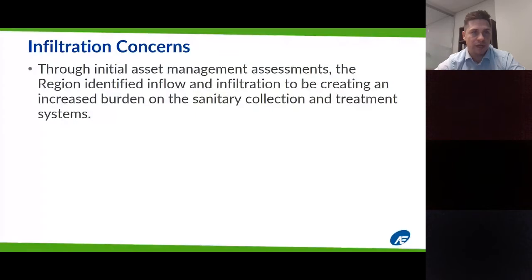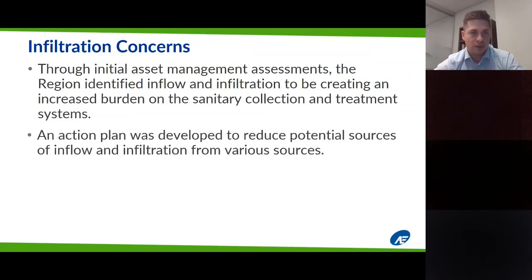The Region of Peel, through some initial asset management assessments, had identified that their systems weren't operating as well as they believe they should. They identified that inflow and infiltration was becoming a major problem with some of their sanitary collection and treatment systems. So an action plan was developed by the region to reduce the potential sources of inflow and infiltration from a variety of sources.